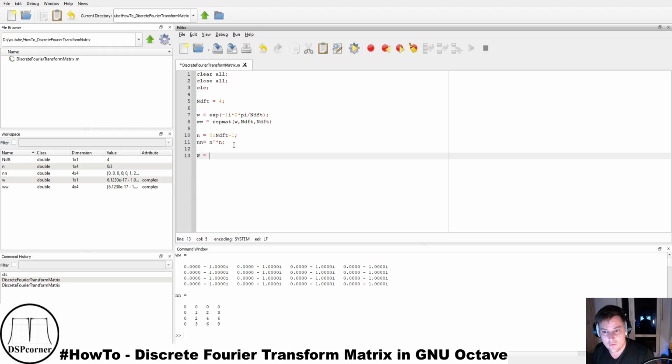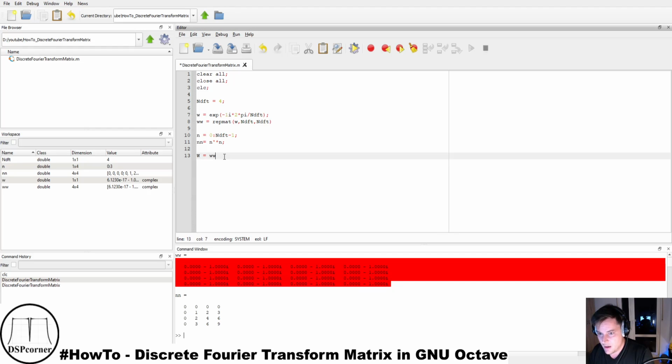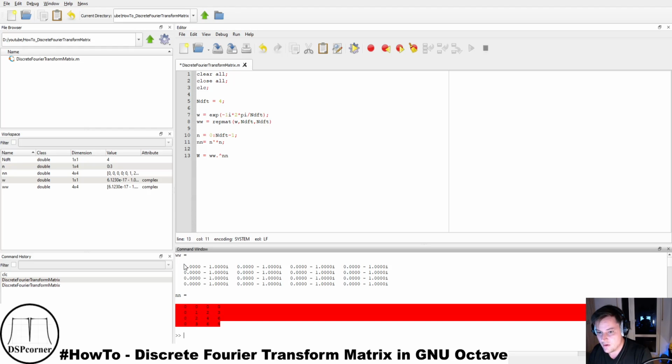So what we now will do is create the discrete Fourier transform matrix. Let's call it W with capital letters, and it's nothing more than our helping matrix WW, so this body here, and we want to apply an exponent defined by our matrix NN to each element of WW.